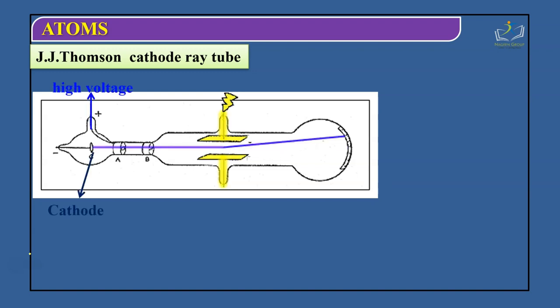This is a cathode plate which contains high voltage. This is a gas discharge providing free electrons. This is the anode slit, and this is the X deflecting plate.